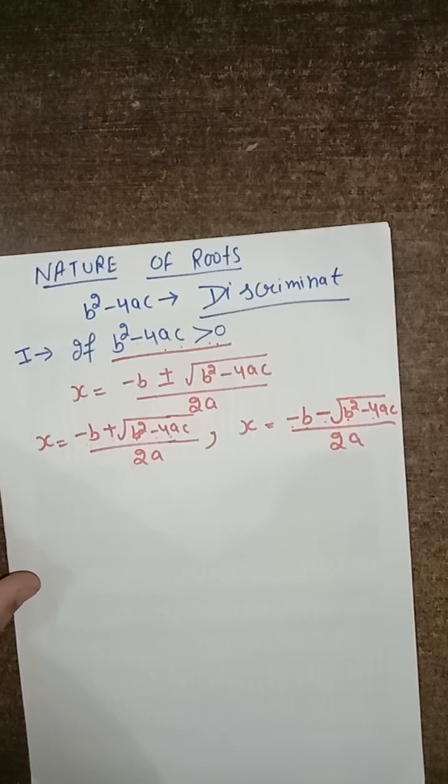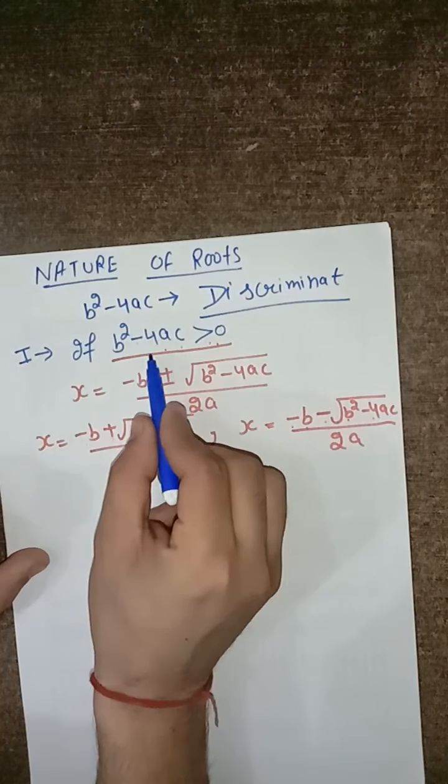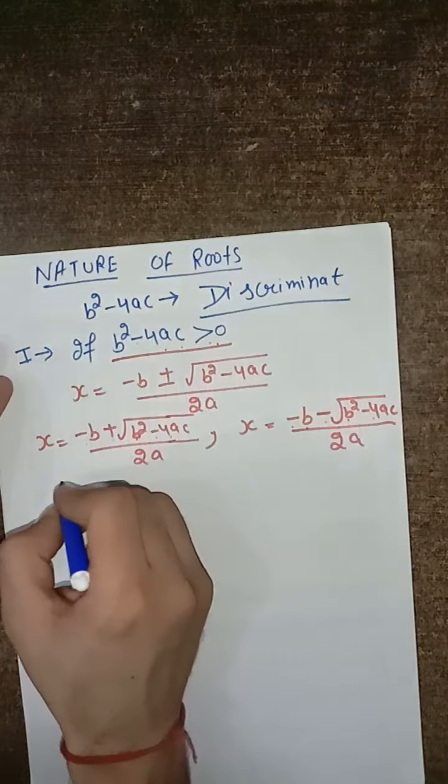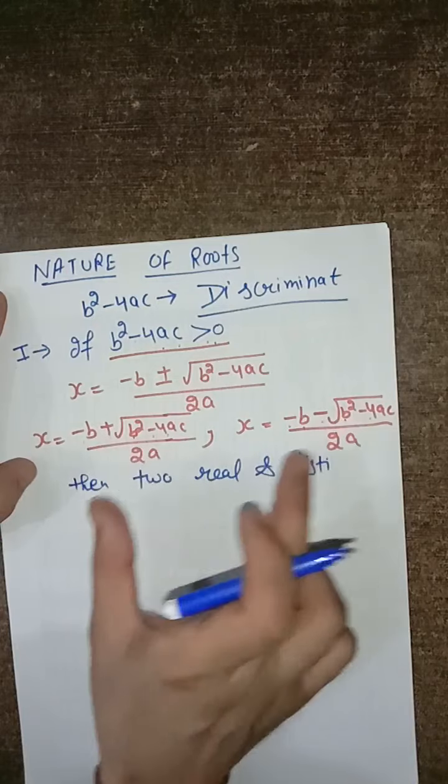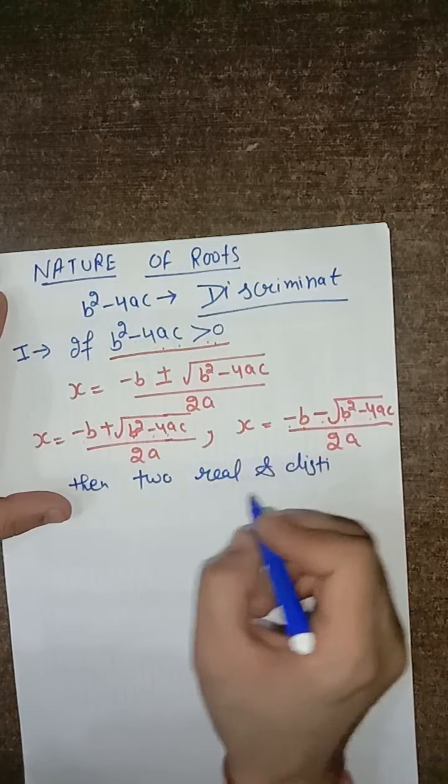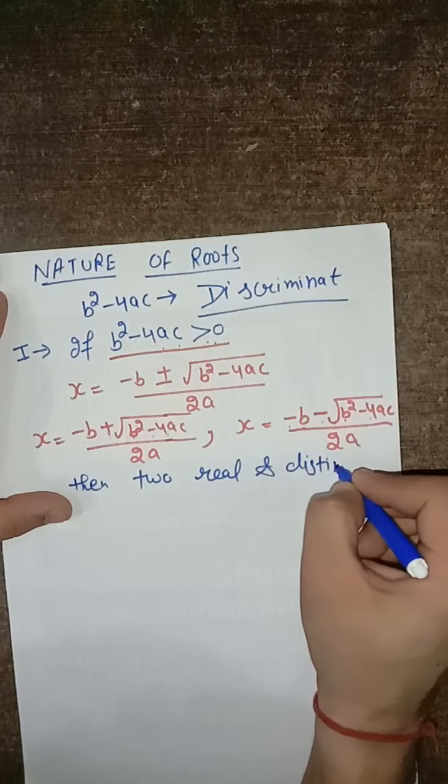Means if b square minus 4ac is positive, then we have two real and distinct roots. Means दो अलग अलग और रियल रूट्स मिलेंगे, they both are different. Two separate roots, two real and distinct roots.